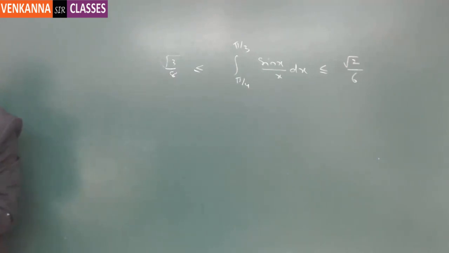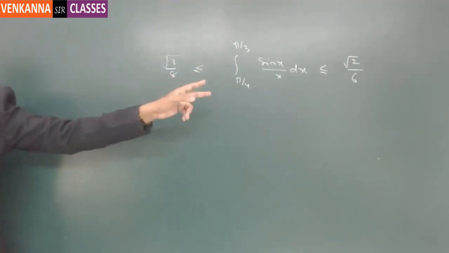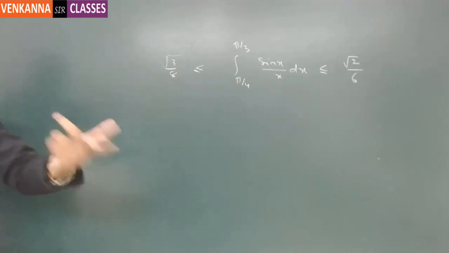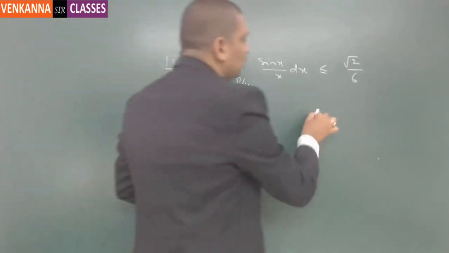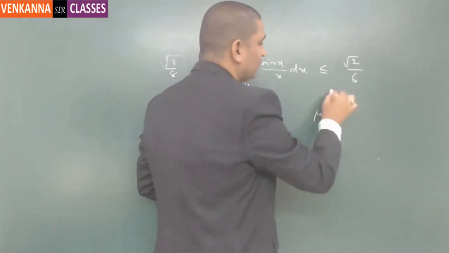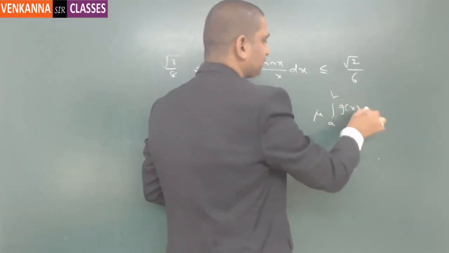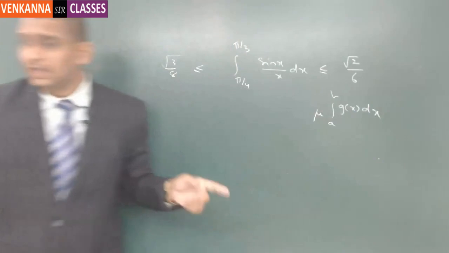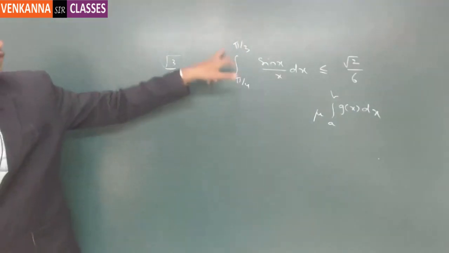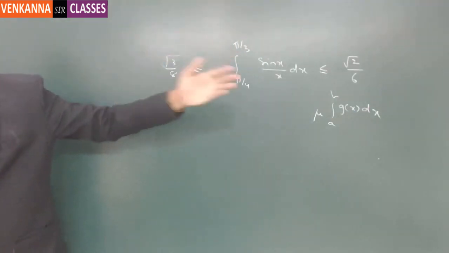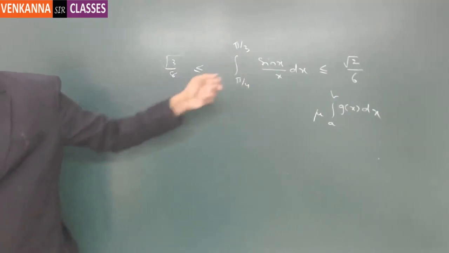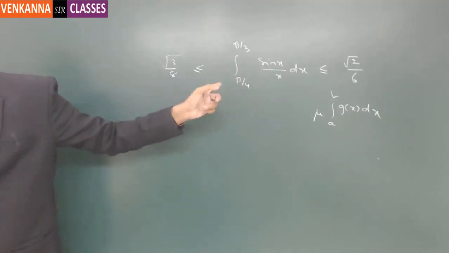Not just the mean value theorem, the first mean value theorem, because it involves two functions where the resulting condition is given as mu into integral a to b g of x dx. Here the integration is over pi by 4 to pi by 3, the interval. So by applying that technique also you can prove this inequality. There is no doubt at all.